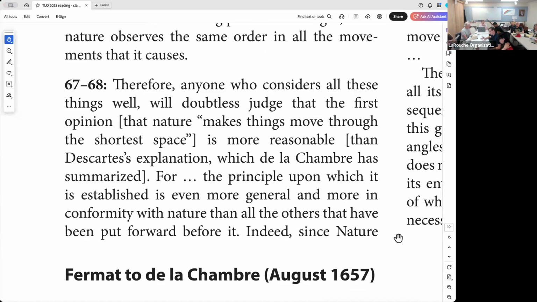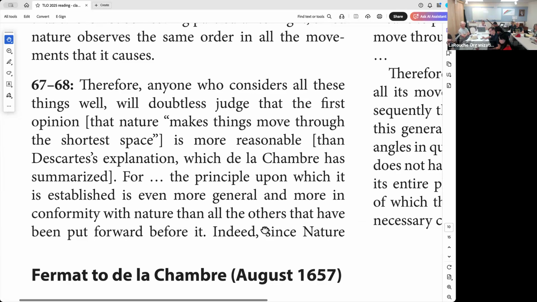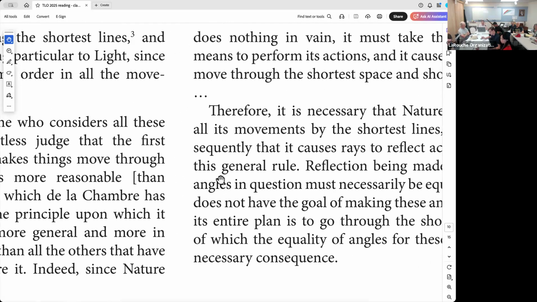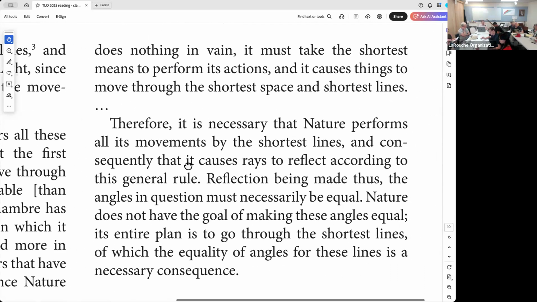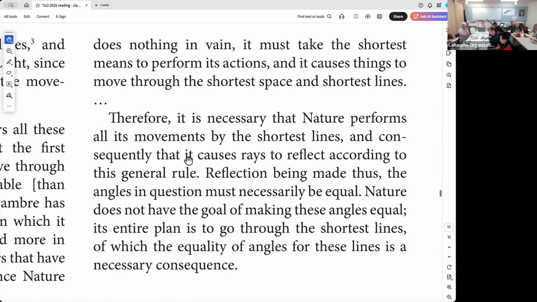For the principle upon which it is established is even more general and more in conformity with nature than all the others that have been put forward before it. Indeed, since nature does nothing in vain, it must take the shortest means to perform its actions, and it causes things to move through the shortest space and shortest lines.